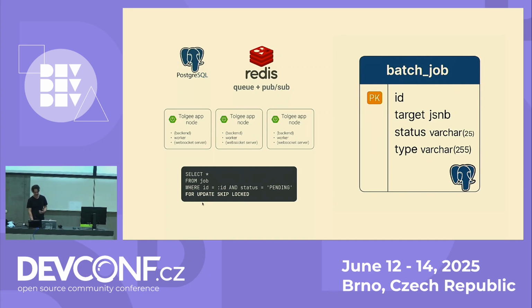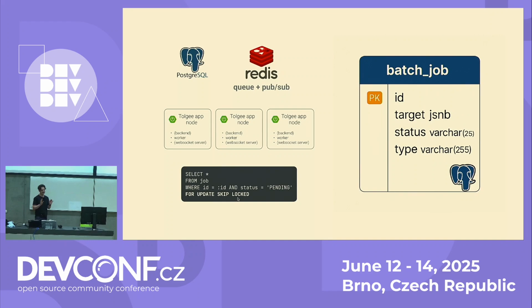This FOR UPDATE flag means that we are locking the row for updates. So if in another query you query the same row using SKIP LOCKED, it's not returned.